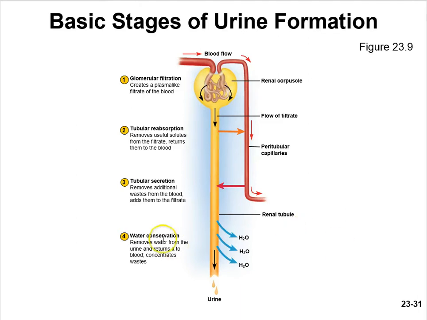That's because in this last portion you're conserving water and sending it back to the blood as much as possible. Whereas if you've had enough to drink during the day, maybe you've been drinking coffee all morning, you'll be able to afford to get rid of more water, and so your urine will be less concentrated. It'll be more dilute.